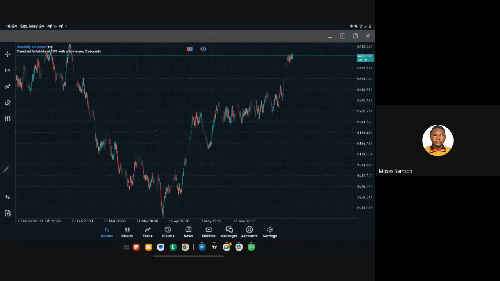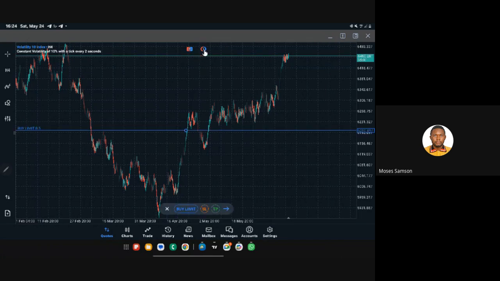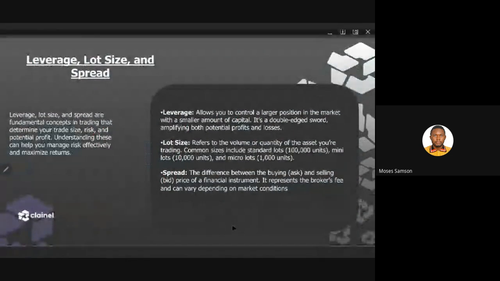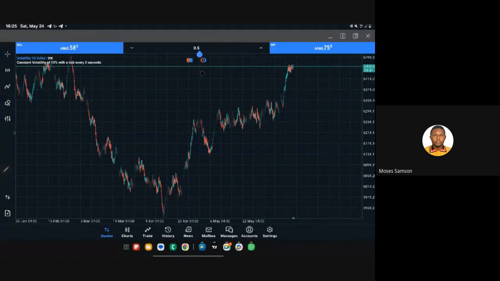Right now, this is our volatility 10 chart, and we have two ways of executing trades. We have the limits right here, and we have the markets. Let me explain what the limit and market is. Okay, first let me show you what lot size is. Right here, there's a standard lot.